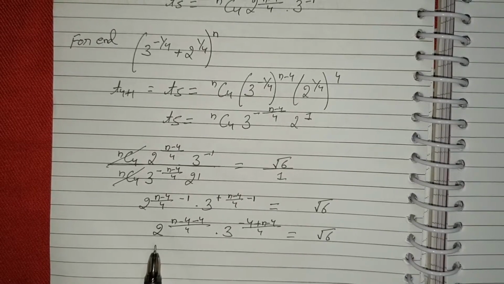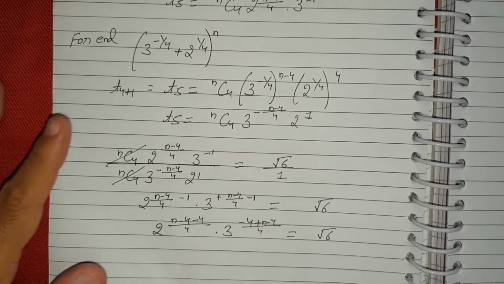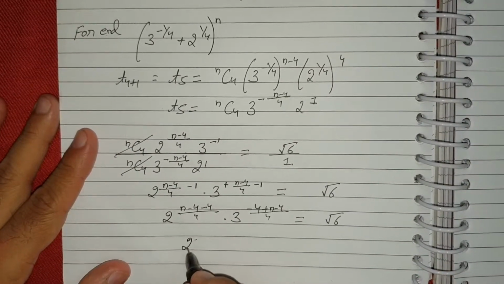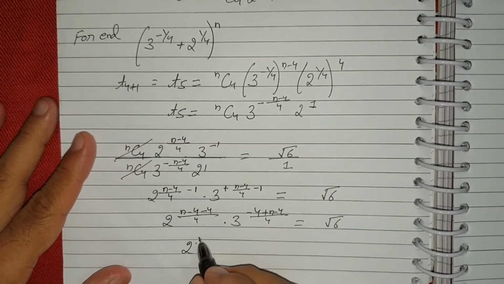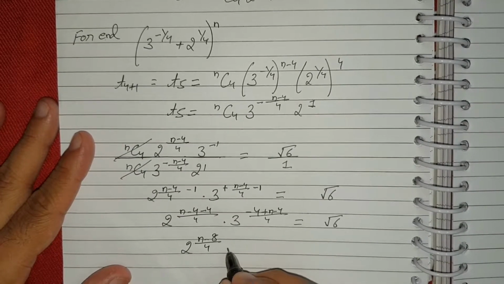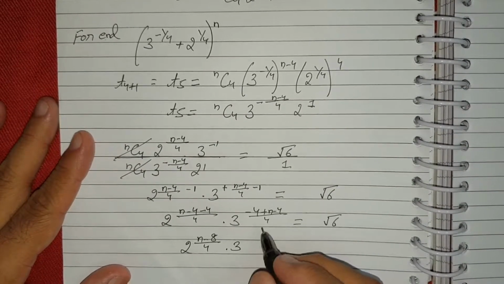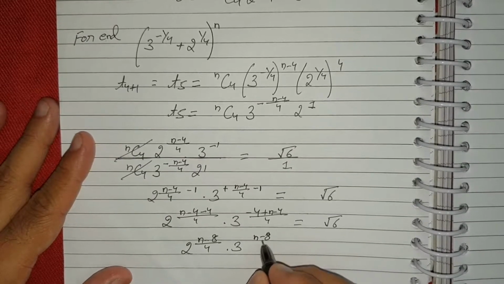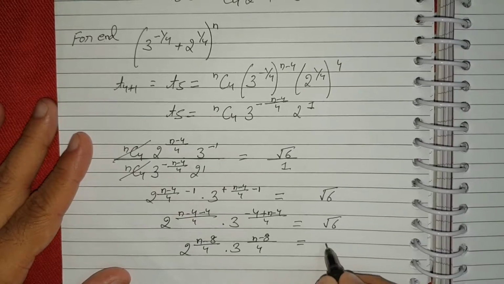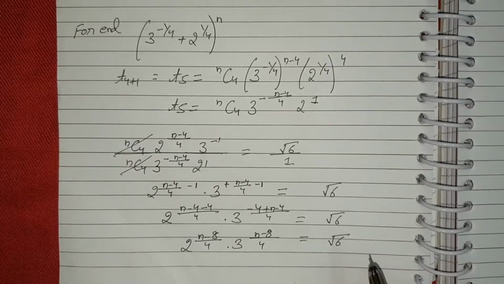So, this will be 2 to the power (n minus 8)/4 and this will be 3 to the power (n minus 8)/4 equals root 6. Actually, both are the same term.